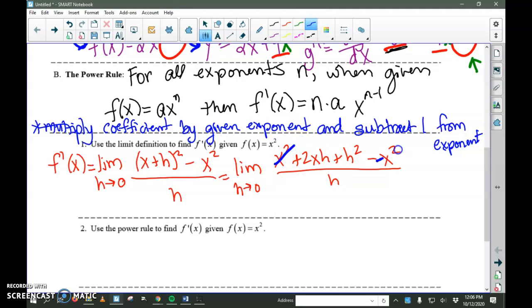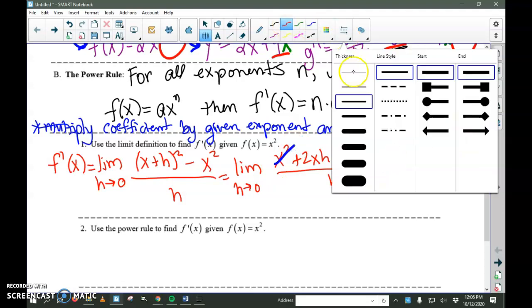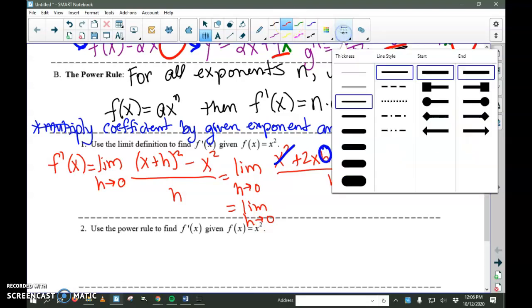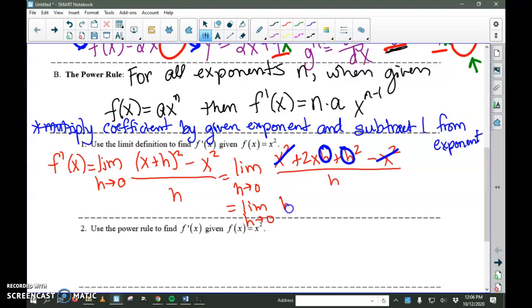My x squareds are going to cancel. So I'm going to get the limit as h approaches 0. I notice that my remaining terms have an h in them. I'm going to factor that h out. I'm left with 2x plus h divided by h.